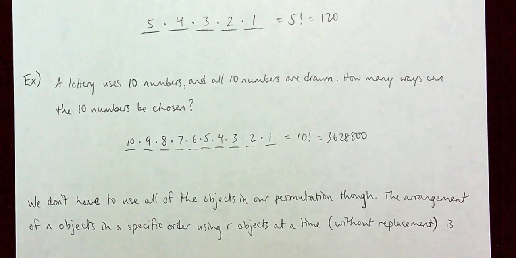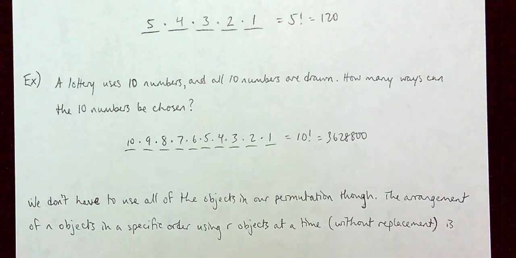So, in order to win this lottery, you would have to get all 10 numbers in the correct order, or I should say in the same order in which they were picked. You would have to choose the ordering of these 10 numbers so that they're picked in the same way.